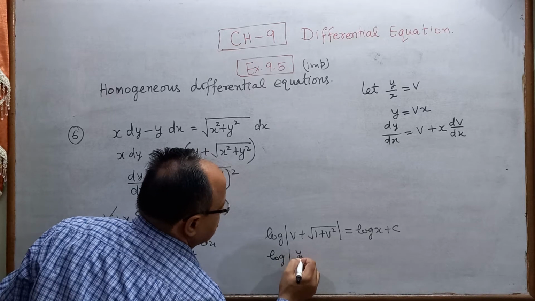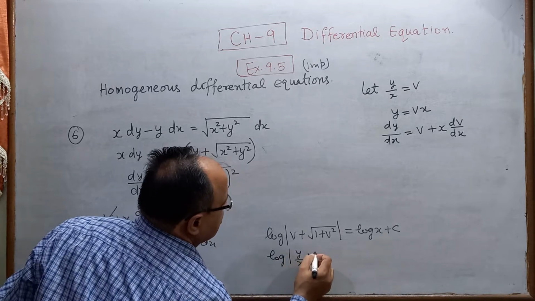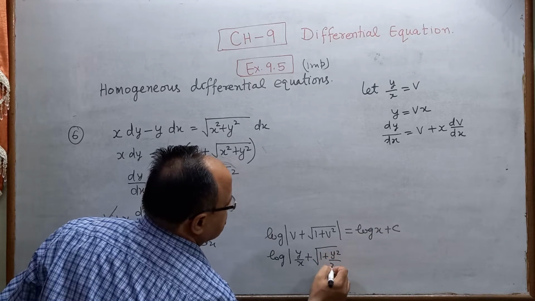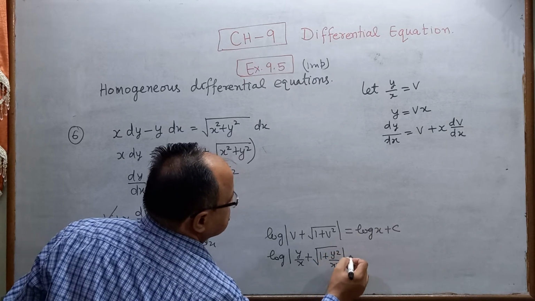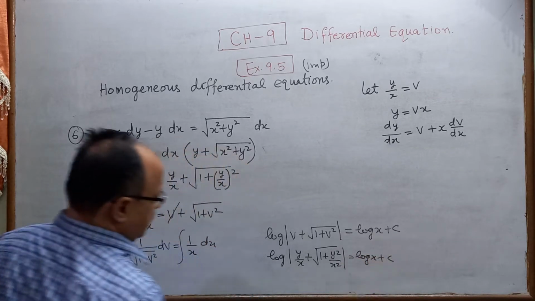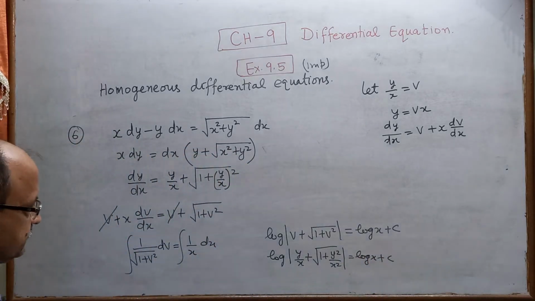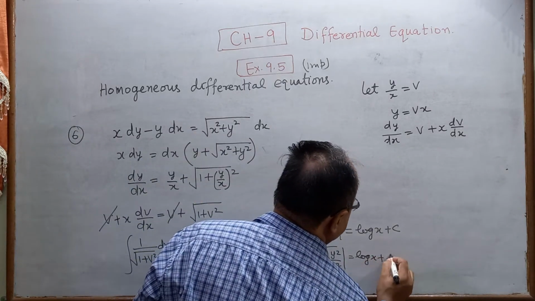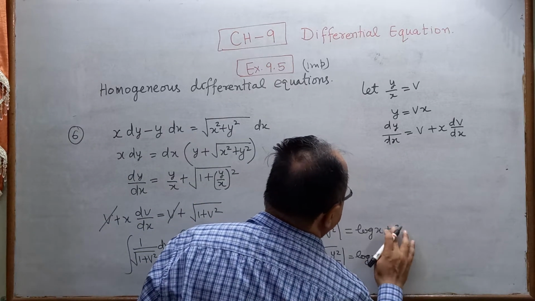Log y by x plus root 1 plus y square by x square is equal to log x plus c, right? The constant term you can write as log c.